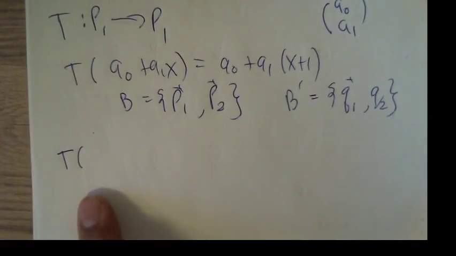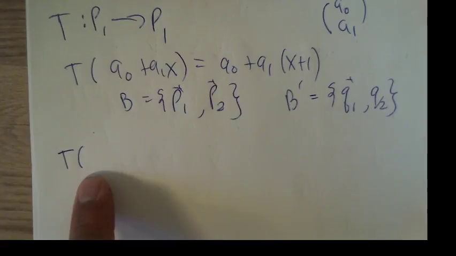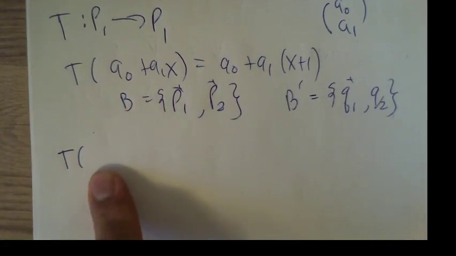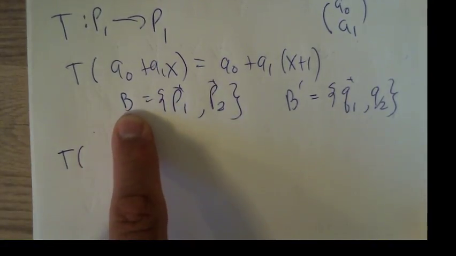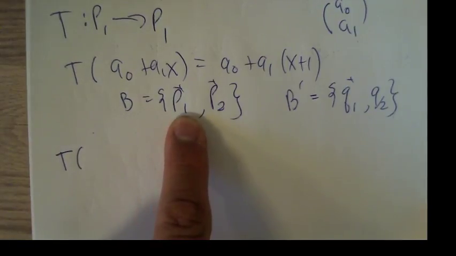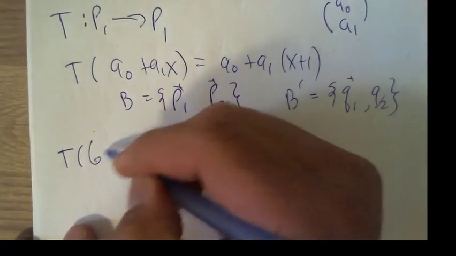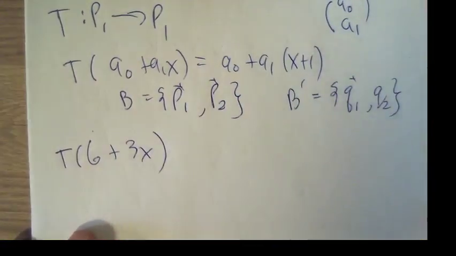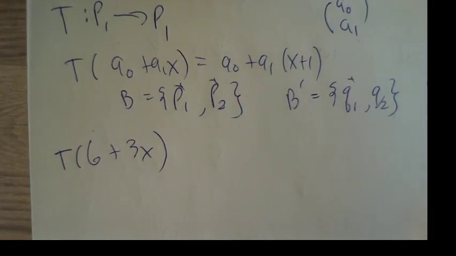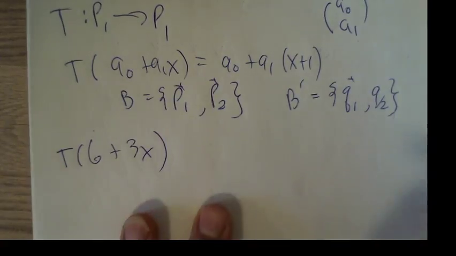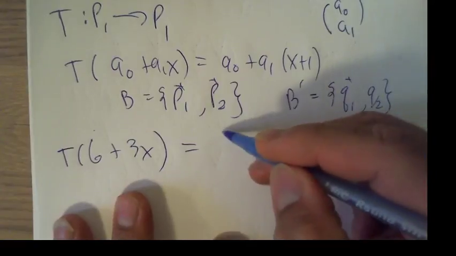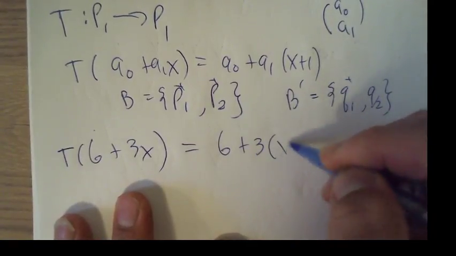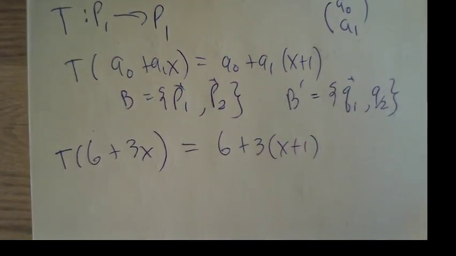So let me see what happens when I take the transformation of basis vector P1. P1 is 6 plus 3x. So 6 plus 3x would be 6 plus 3 times x plus 1.